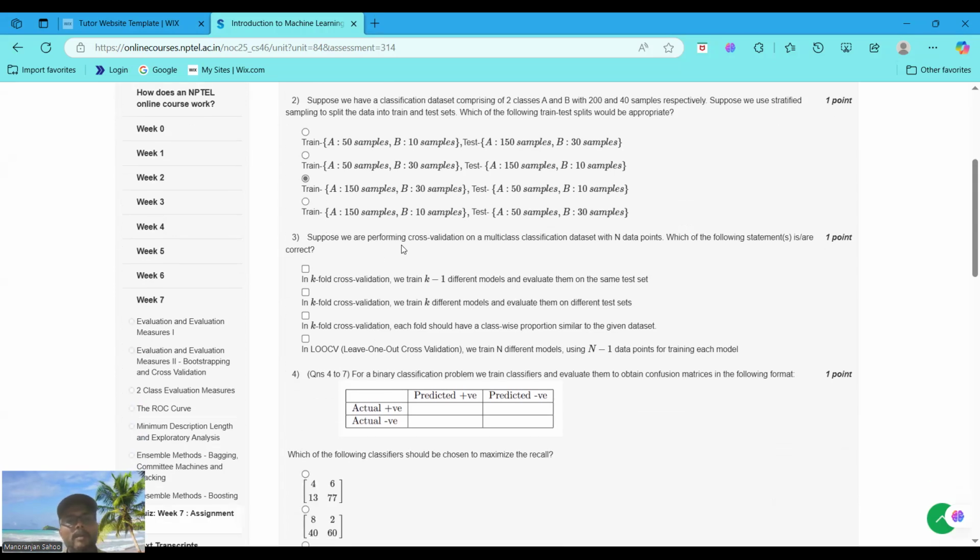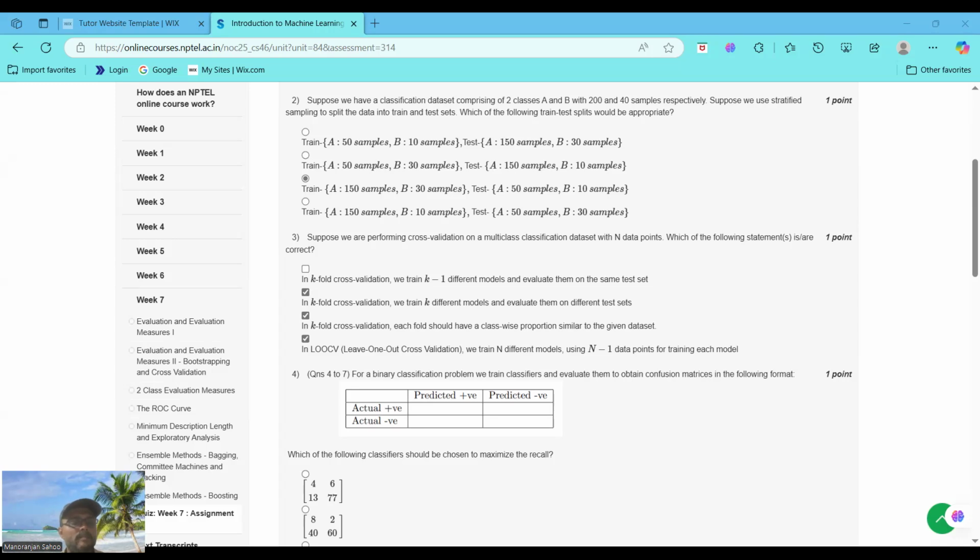Suppose we are performing cross validation on a multi-class classification dataset with n data points. Which of the following statements are correct? We choose option B, option C, and option D. What about option A?